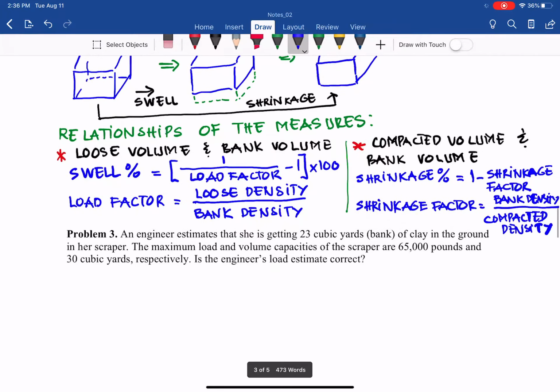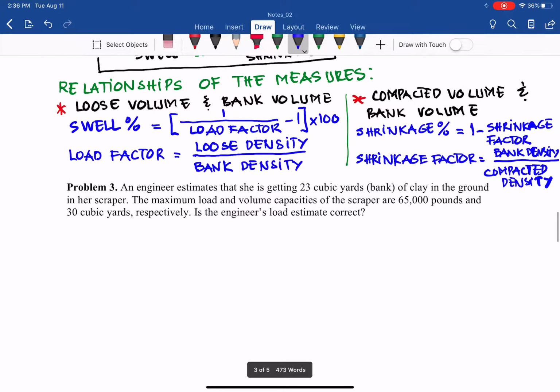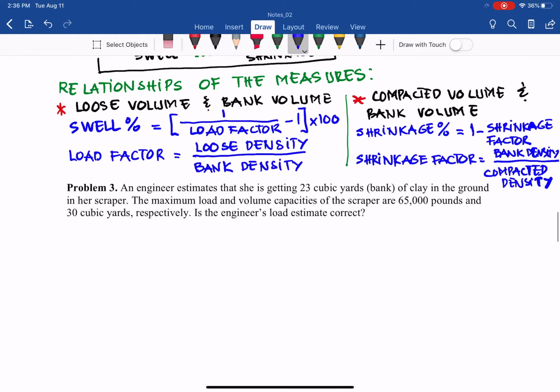Let's apply this to problem 3 here so that we can see a big picture of the relationship of those three measures. In problem 3, an engineer estimates that she is getting 23 cubic yards bank of clay in the ground for her scraper. This is one kind of equipment. The maximum load and the volume capacity of the scraper are 65,000 pounds and 30 cubic yards respectively.